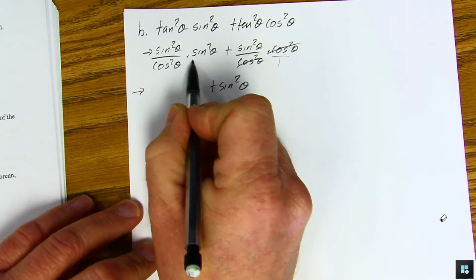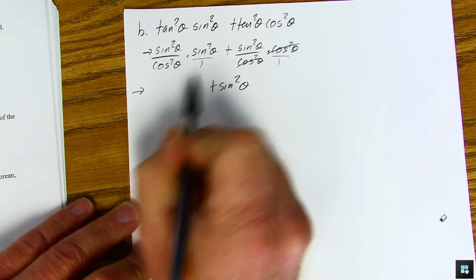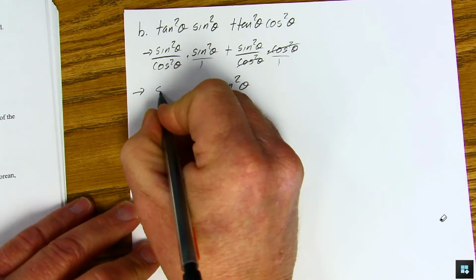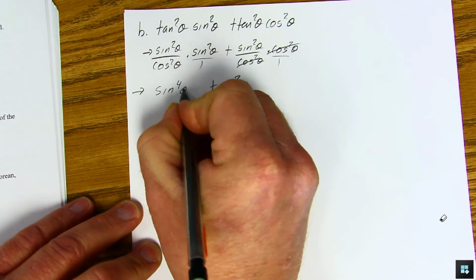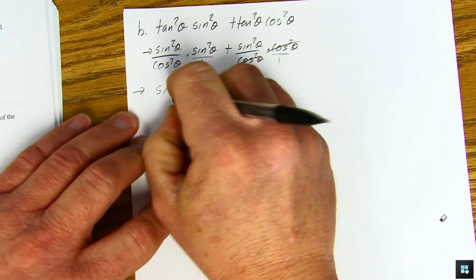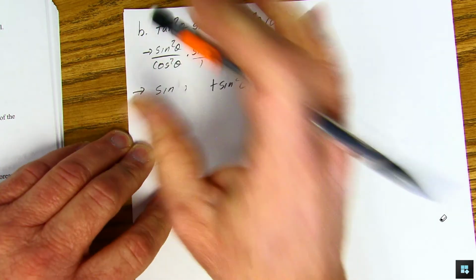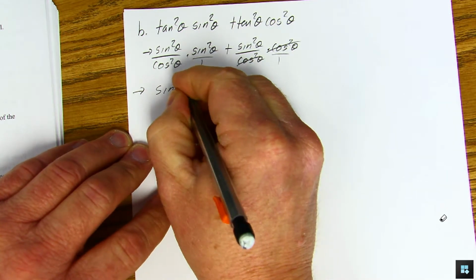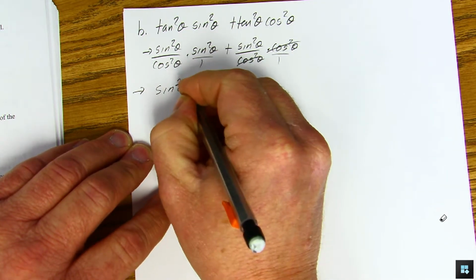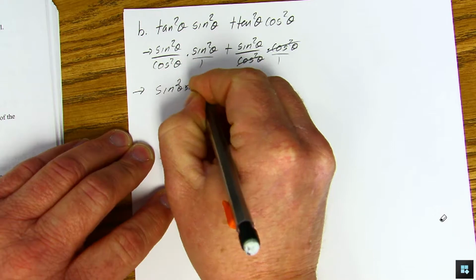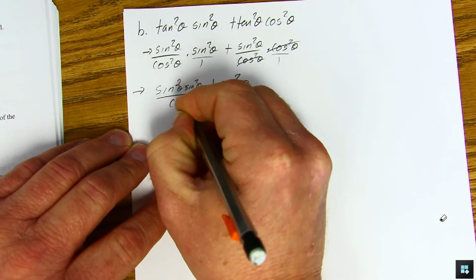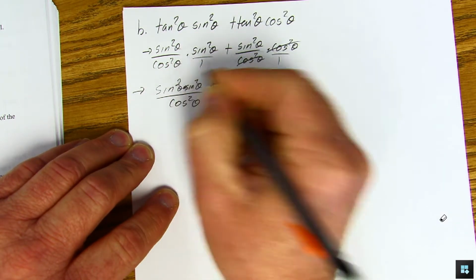On this side, it's over 1. Nothing simplifies. So I end up with actually sine to the 4th theta. Or if you don't want to write that as sine to the 4th, you could just write it as sine squared theta times sine squared theta all over cosine squared theta.